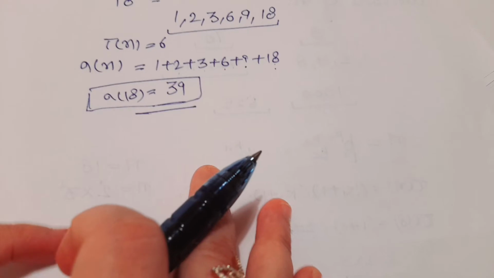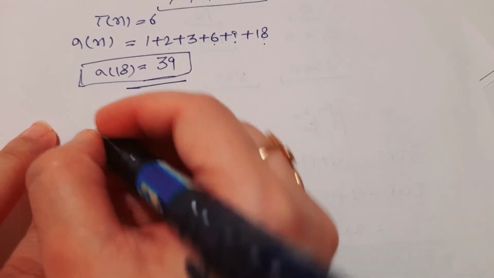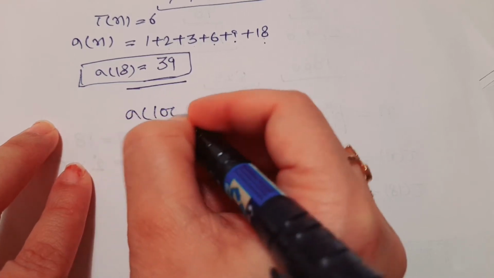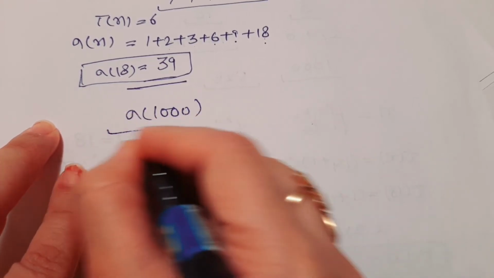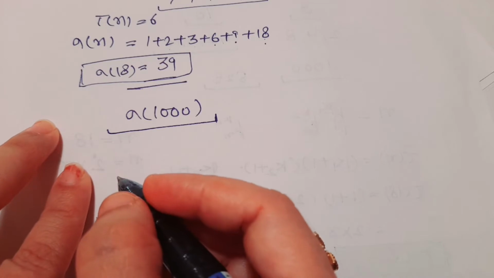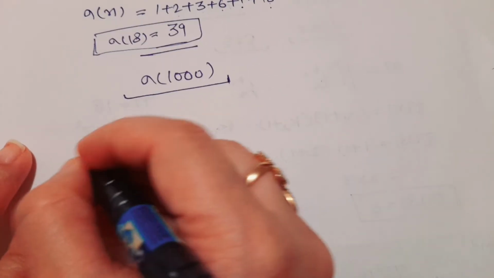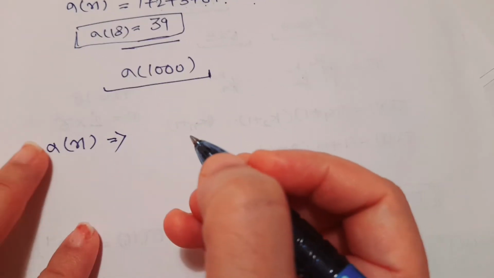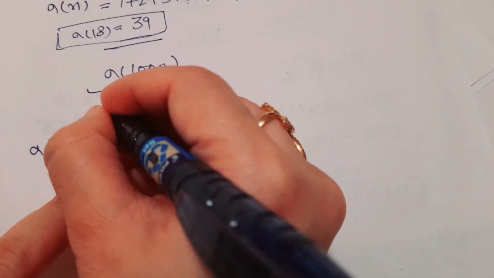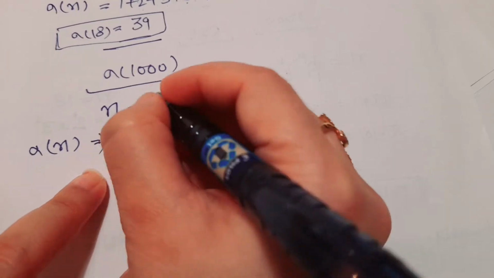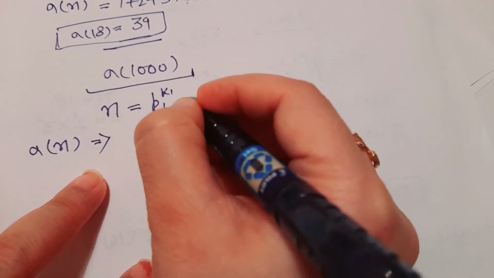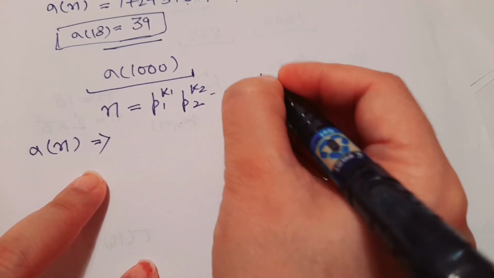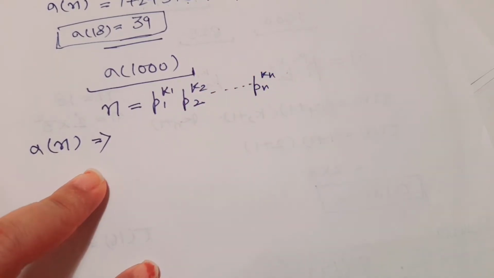But now again, if we have a very big number, suppose sigma of 100 or sigma of 1000, then how will we calculate sigma n? So we should have a formula for sigma n. If you have a number n, prime factorize it and you will get p1 raised to power k1, p2 raised to power k2, and so on up to pr raised to power kr.